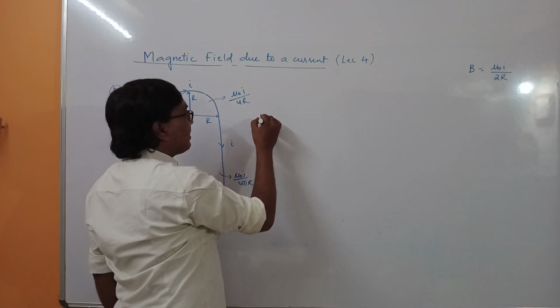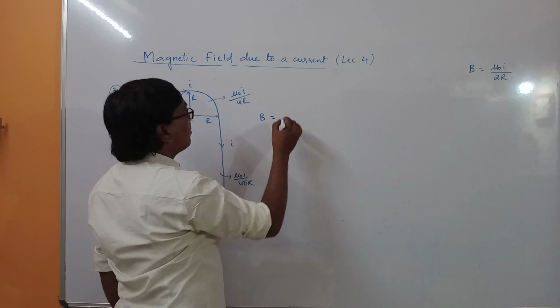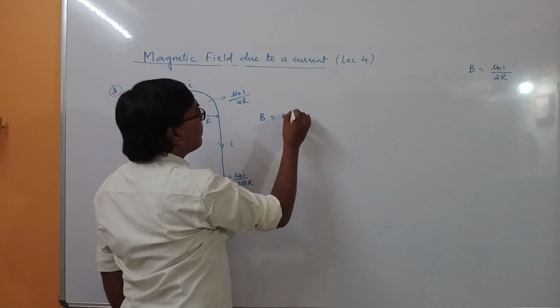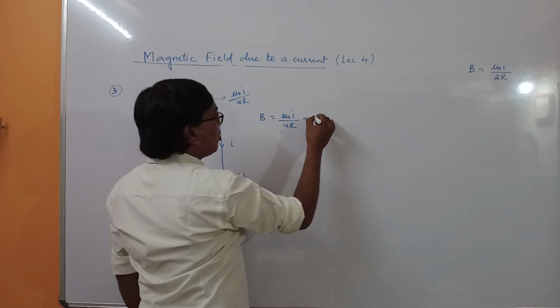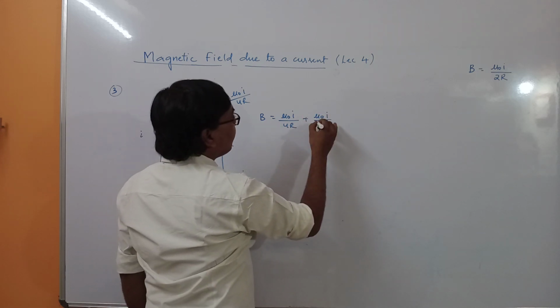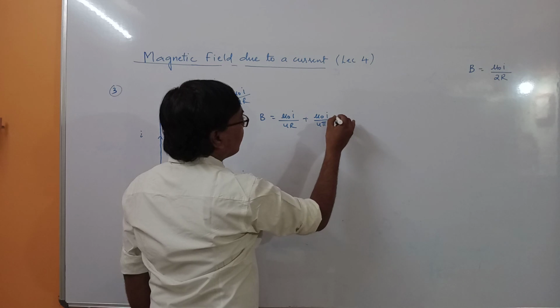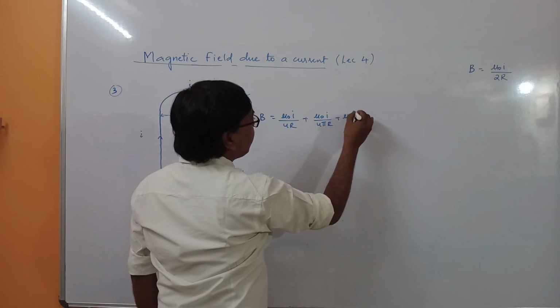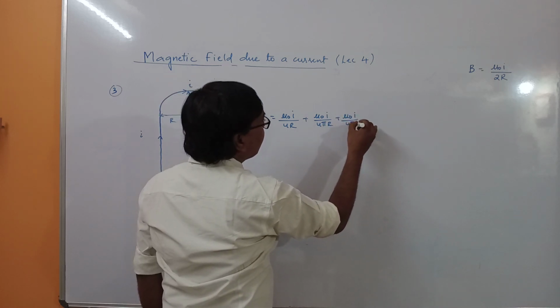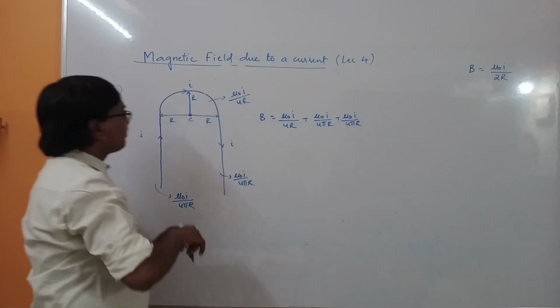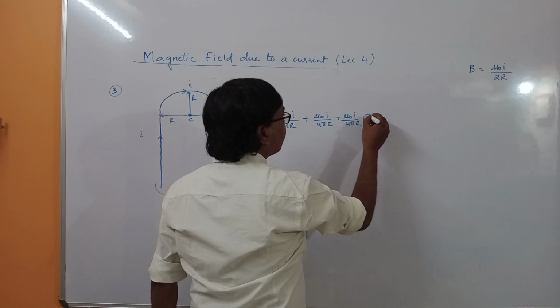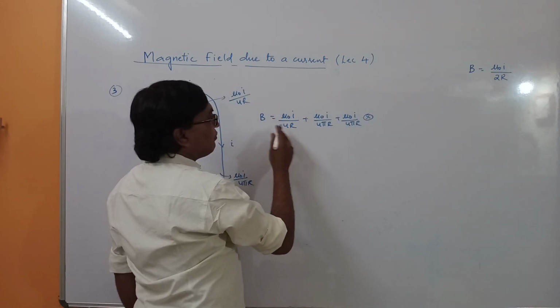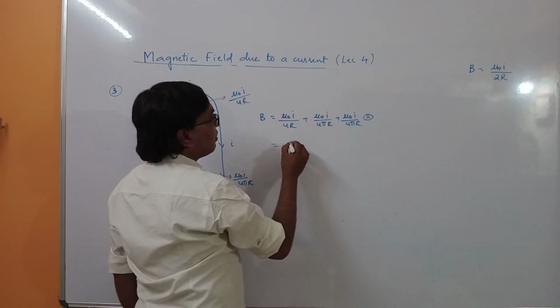So the total magnetic field at this point will be equal to mu naught I by 4R plus mu naught I by 4 pi R plus mu naught I by 4 pi R. So this is inside the board.